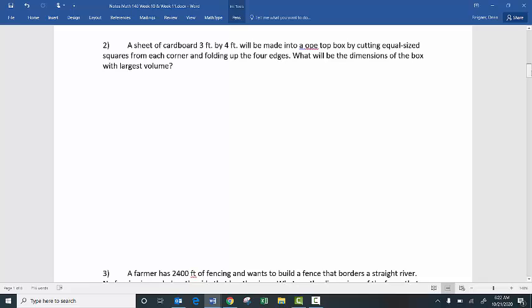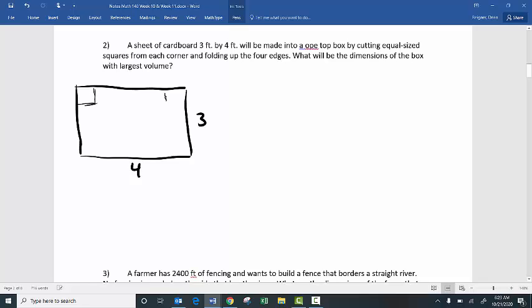So this one here is a very popular type of problem. So what you're doing is you have a piece of cardboard, okay? And the piece of cardboard is 4 by 3. So in order to make this into an open top box, same kind of thing, what you're going to have to do, and I don't know if you knew this or not, is you actually have to cut little squares out of the box.